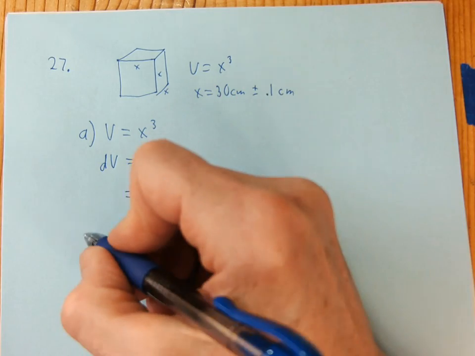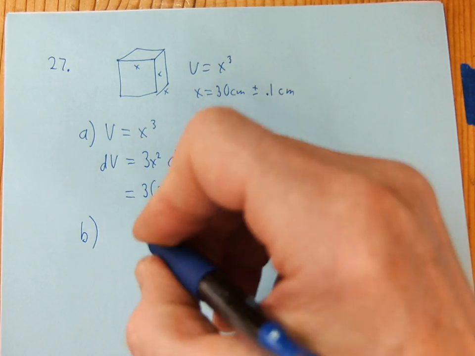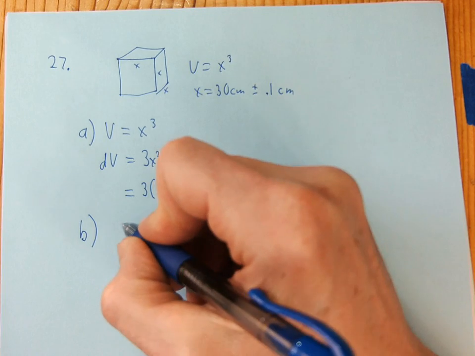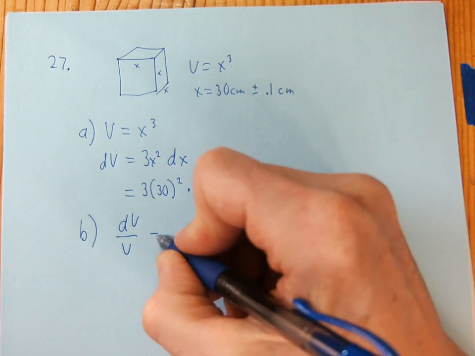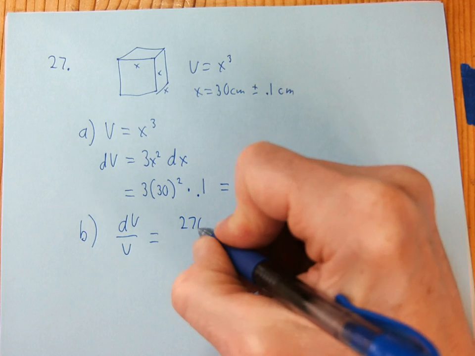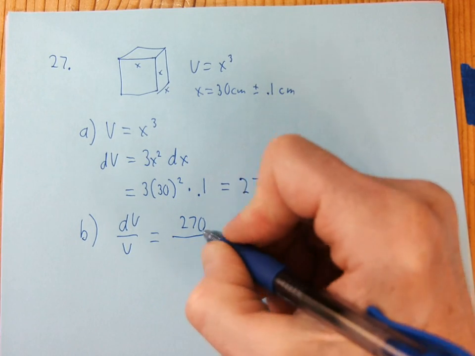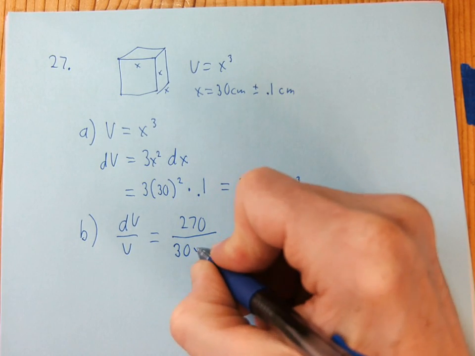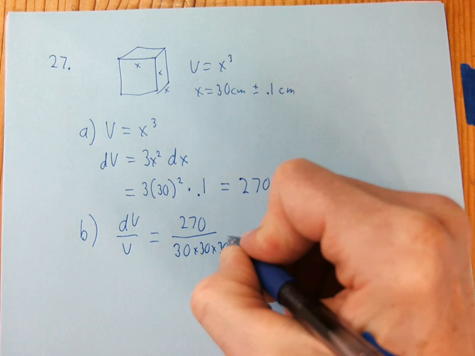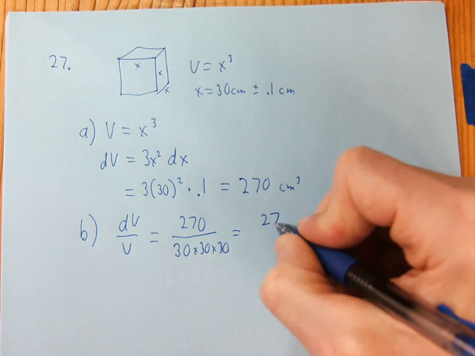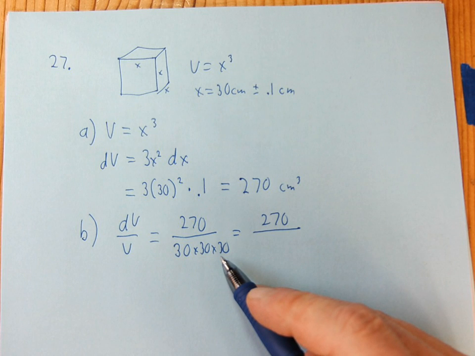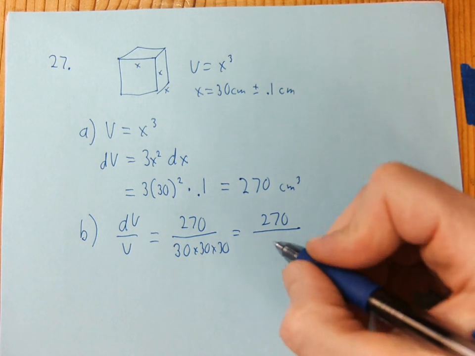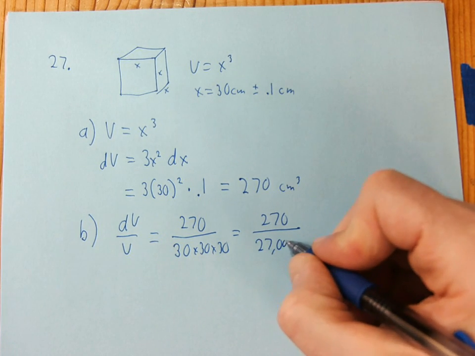So then they say, okay, what is the relative error? So the relative error is we take our dV and divide it by the volume. So our dV was 270, and the volume is 30 times 30 times 30. So that's 270 divided by, let's see, 3 times 3 times 3 is 27 with 3 zeros, so 27,000.